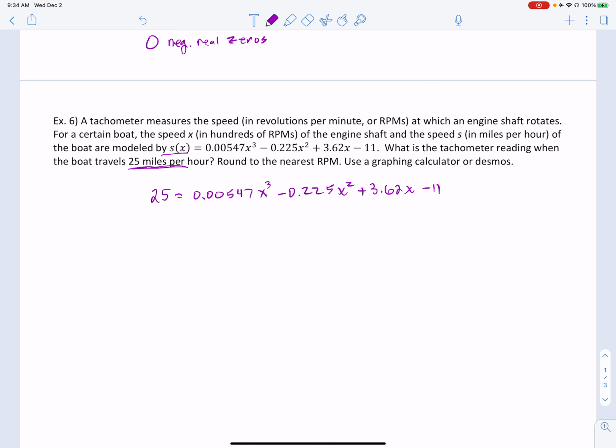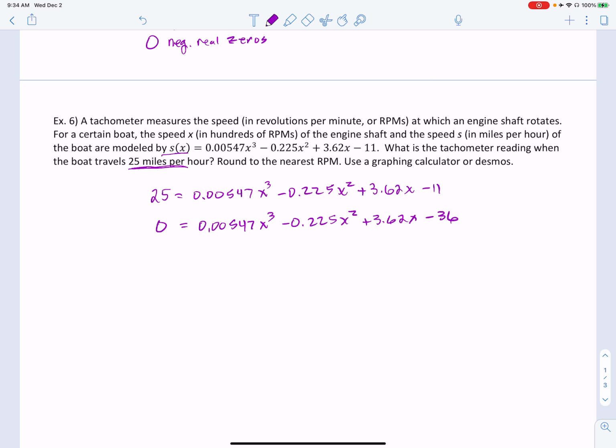And so what you're going to do is we are looking at zeros. And so I'm going to set this equal to 0 by subtracting 25. And that's going to make this a minus 36.